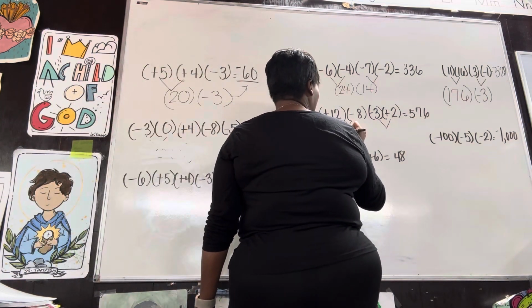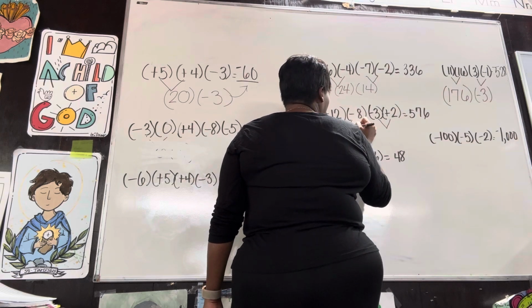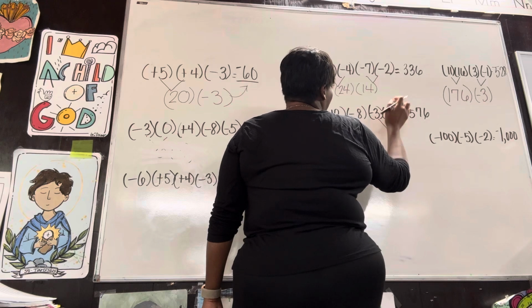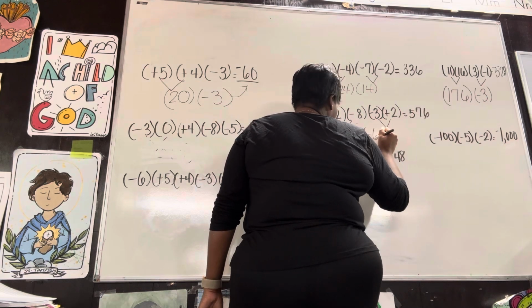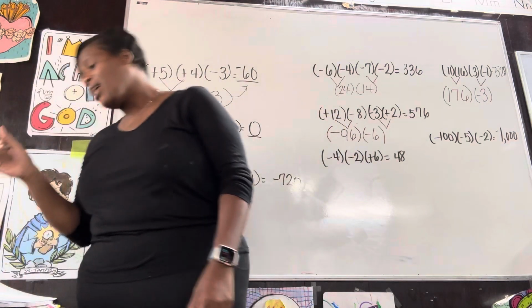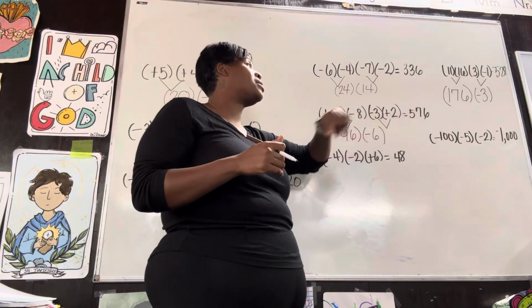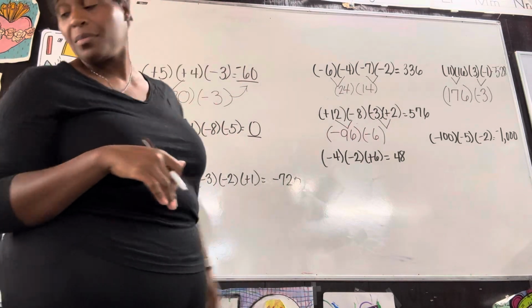A negative number, which would be negative 96, right? Keep your multiplication signs going. Negative 3 times positive 2 will give us a negative 6. Negative 96 times negative 6 will give us a positive what? 576. A negative times a negative is a positive.